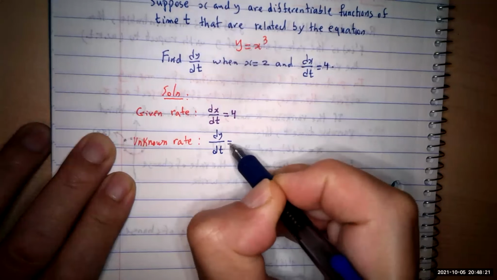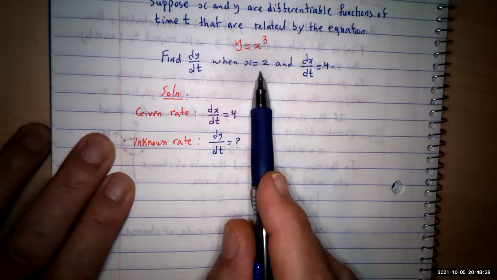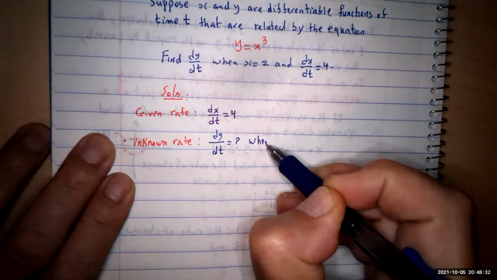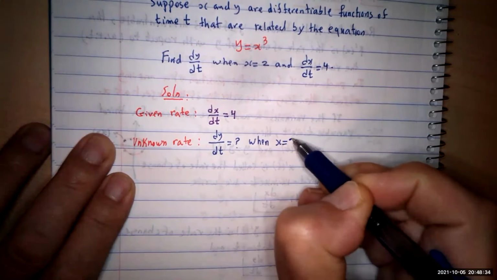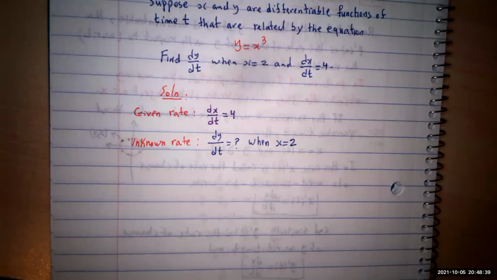It's not known, but they give you some information as to what level, at what time, you want to get it. You want to find it when x is equal to 2. Any question? So we read the problem and identify these two.